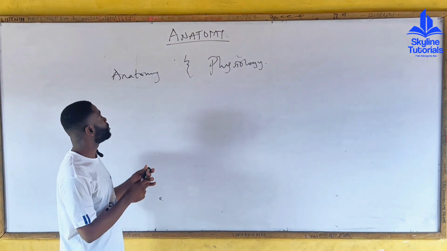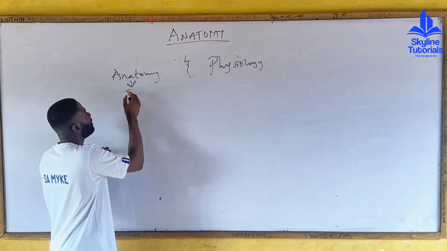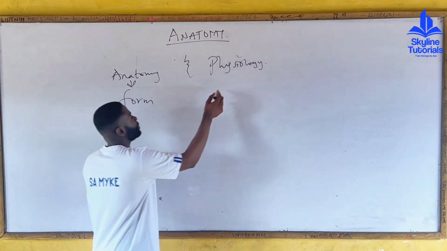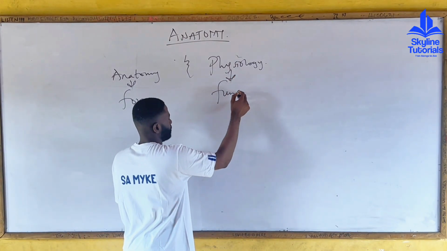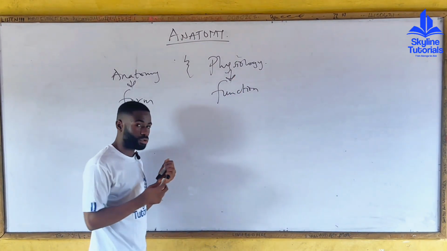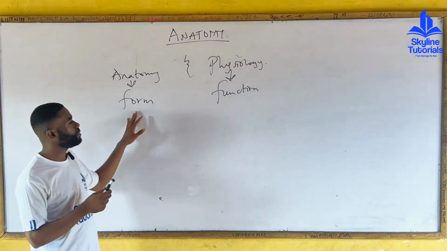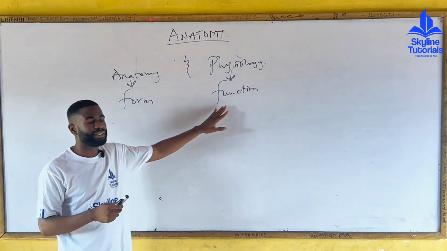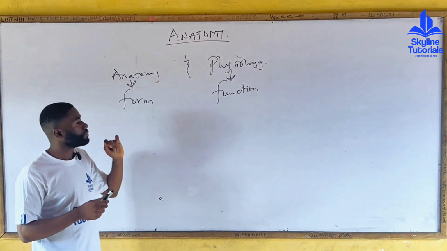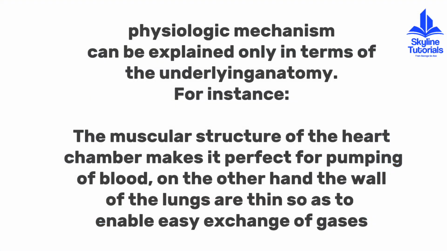Take note of that. So, anatomy is to the form of a structure, physiology is to the function of that structure. So let's look at the relationship. What is the relationship between the form of a structure and the function? Note that physiological mechanism is dependent on anatomical structure.